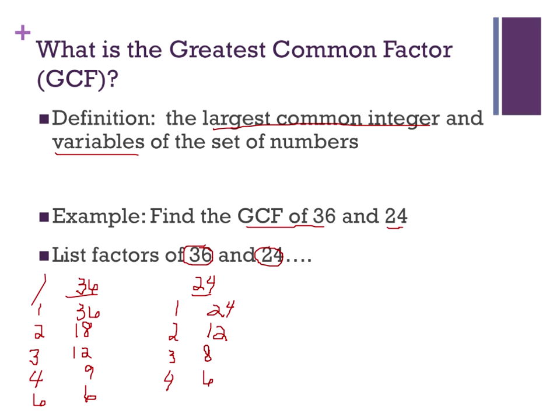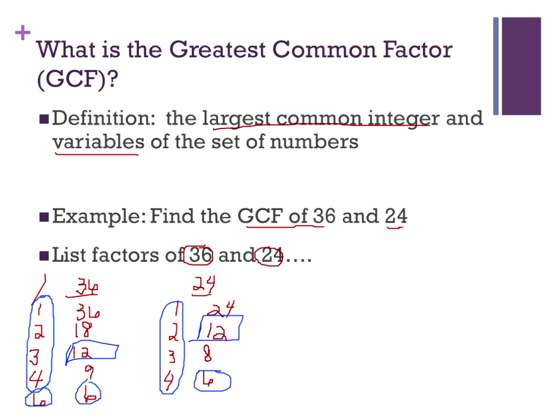We can see that we have many factors in common between these 2 numbers. Obviously, 1, 2, 3, and 4 are in common between each of them. 6 is in common. 8 is not in common, but then 12 is in common.